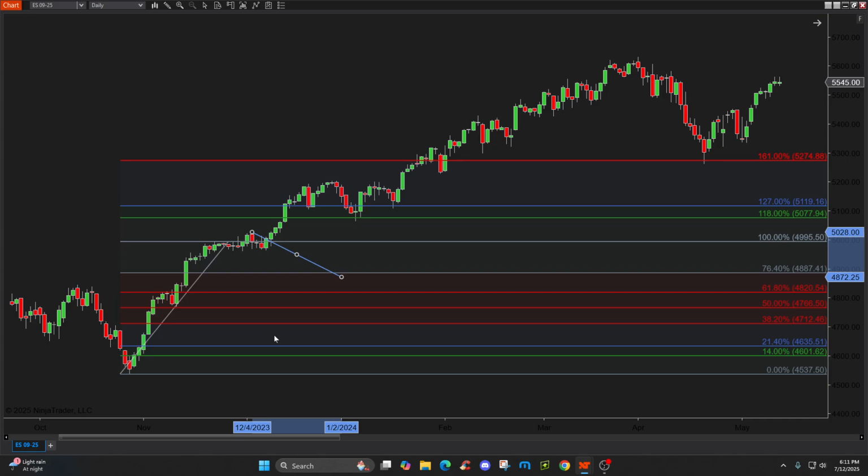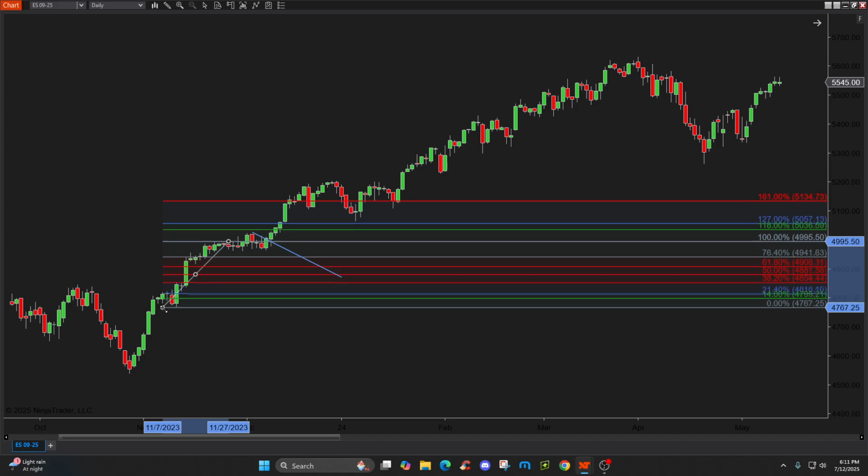Okay? So that's how that works. We're fulfilled here. We got two candles lower. Our last low inside the Fibonacci was right here.